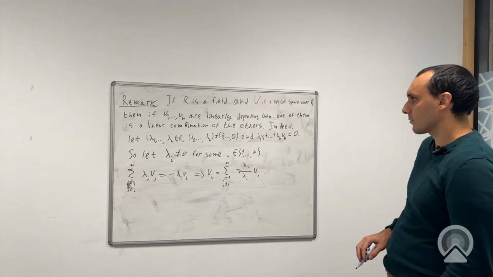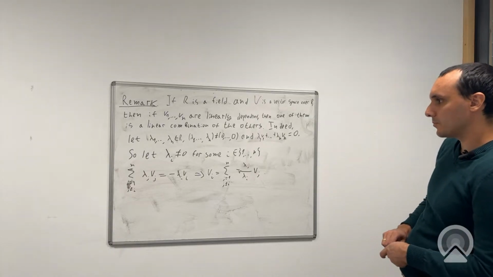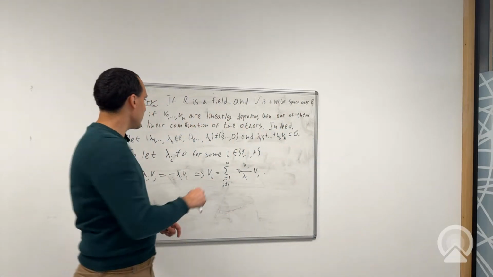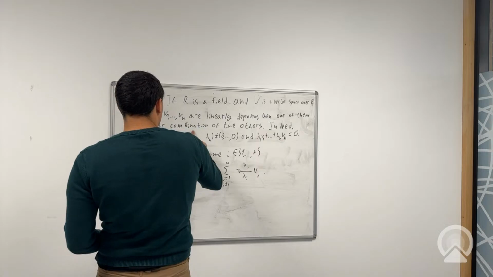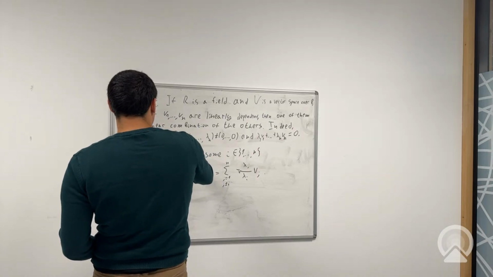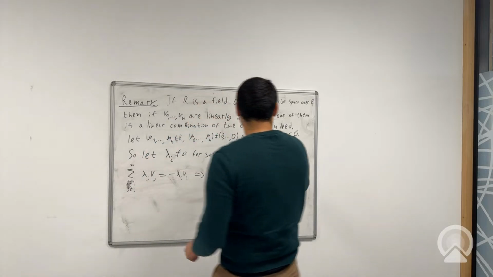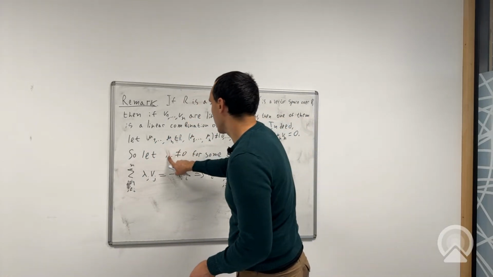Okay. And so, oh, sorry, because in the initial recording it was everywhere mu, I will change lambdas to mu. Nothing changes but the letter.